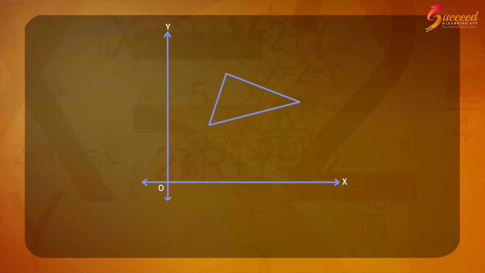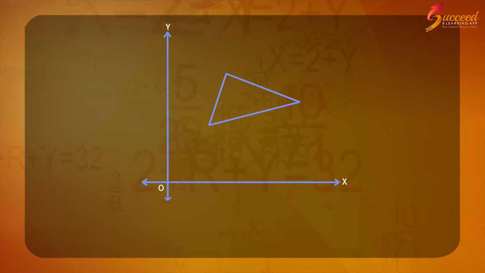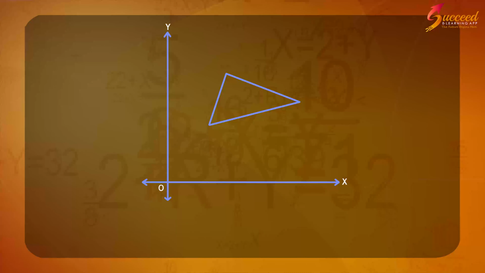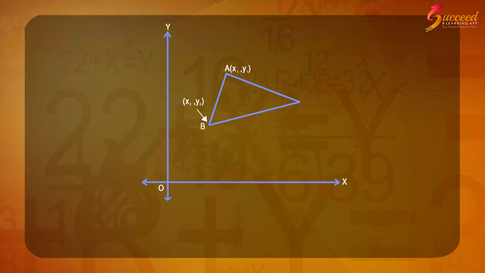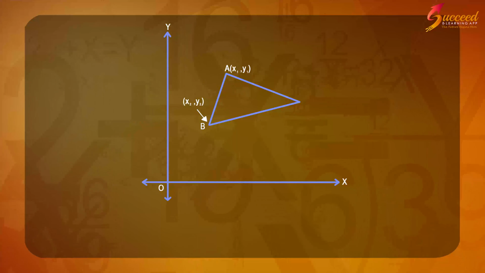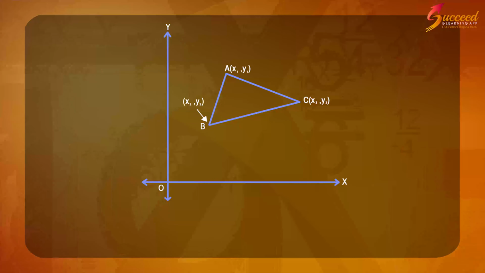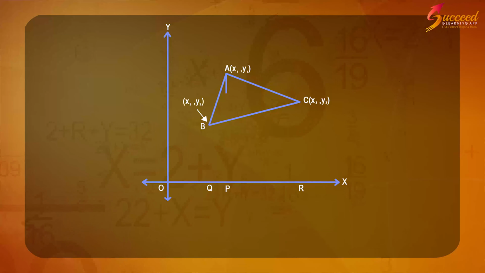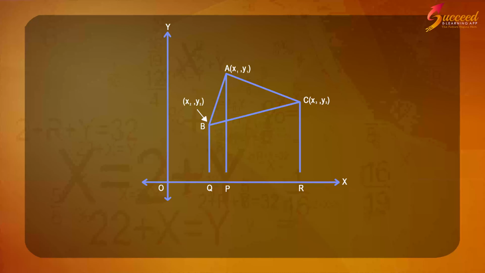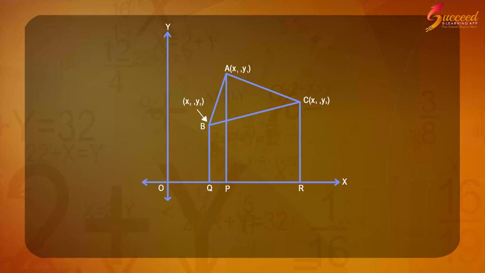Consider the triangle ABC with respective coordinates A(x1, y1), B(x2, y2) and C(x3, y3). Now let us draw perpendicular lines AP, BQ and CR from points A, B and C to the x-axis respectively.